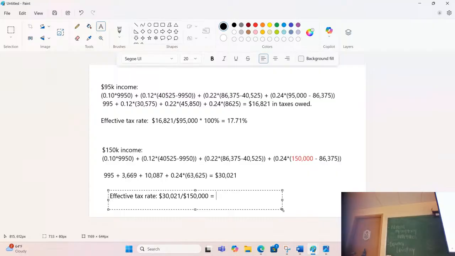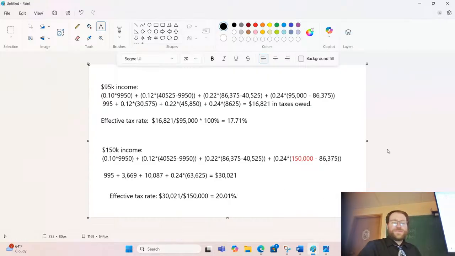So the effective tax rate for that one is about 20.01% when dividing that out there. Any questions about that idea?